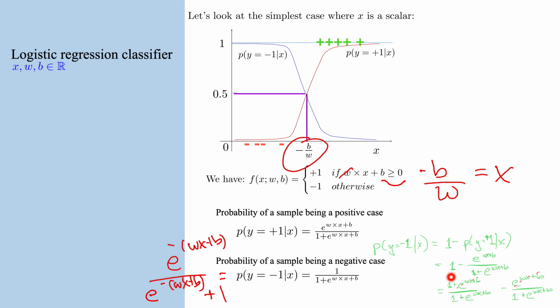And you can just take that through, 1 minus e to the wx plus b over 1 plus e to the wx plus b. You can do some cancellations after factoring it out, and you get down to this version of it. Okay.